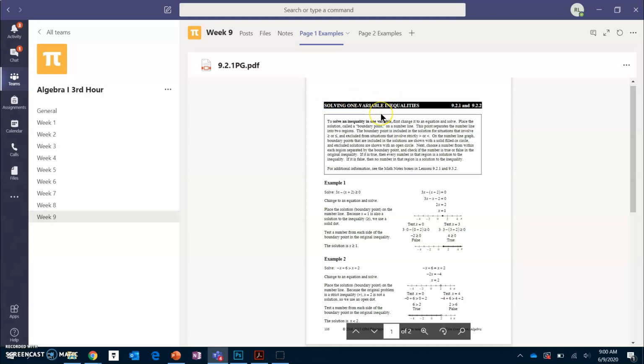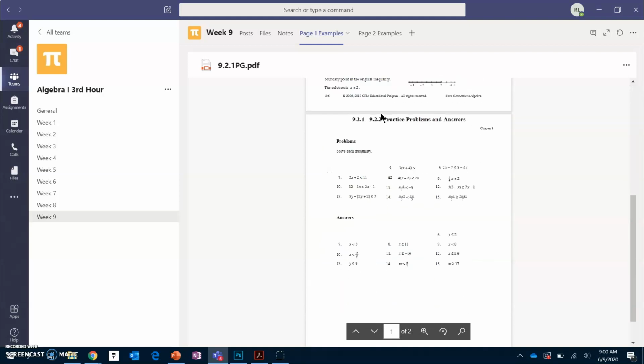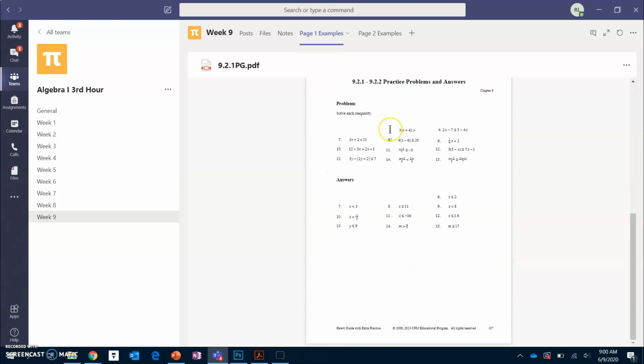And remember, there was only one rule. On Monday, we were supposed to do 5 through 10, and today we're supposed to do 11 through 15. Oh, sorry, we did 5 on Friday. So we only have to do 6 through 10 for Monday, and then 11 through 15 for today.